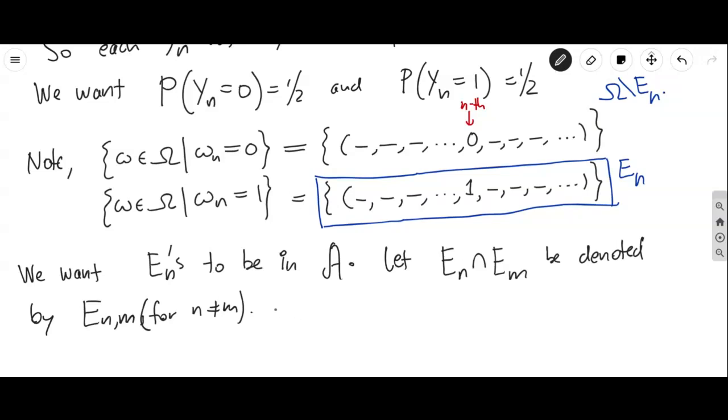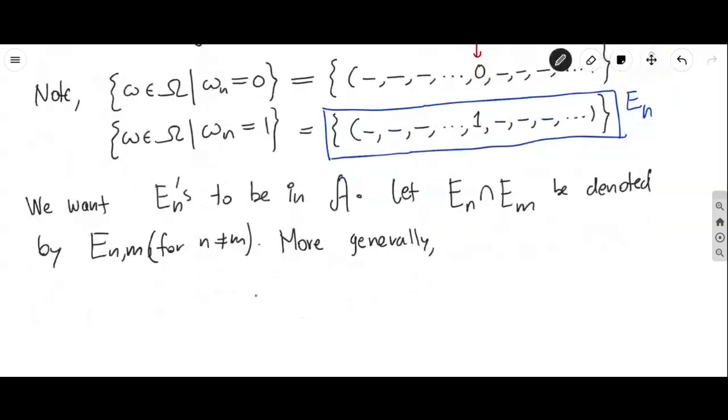And more generally, we can also talk about E i1 intersect E i2 intersect up to E in. So if you have a bunch of indices, it would be convenient to just denote that as E i1, up to E in, like this.